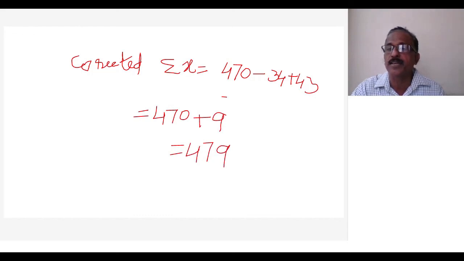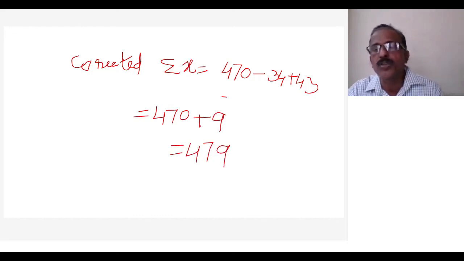This is the correct sum. From the total of the observations, 470, we subtract the false number 34 and add the correct number 43. Then we get 479. This is the total of the observations.